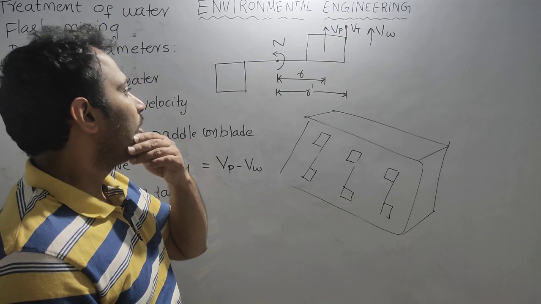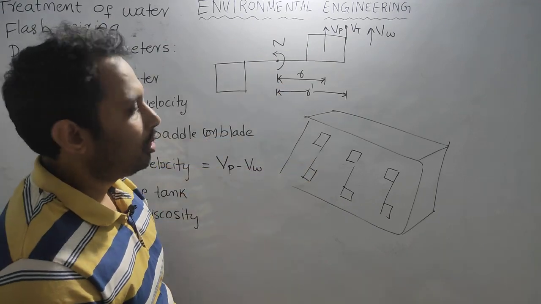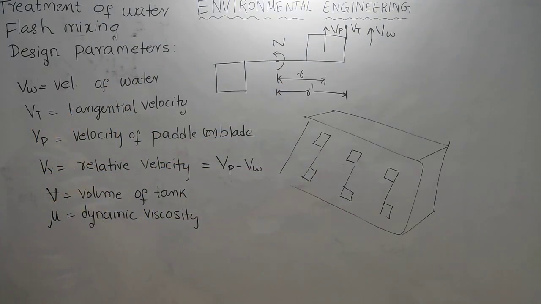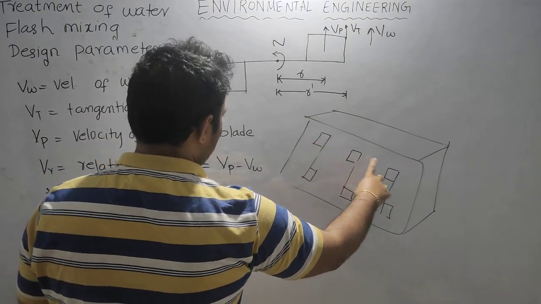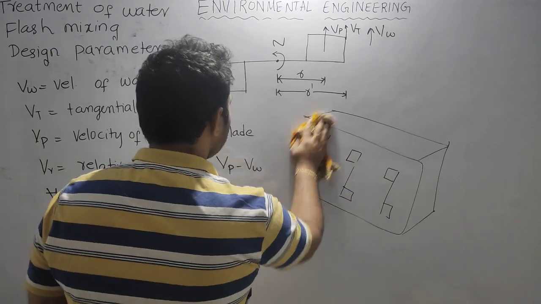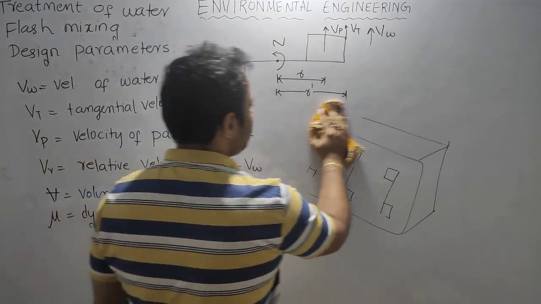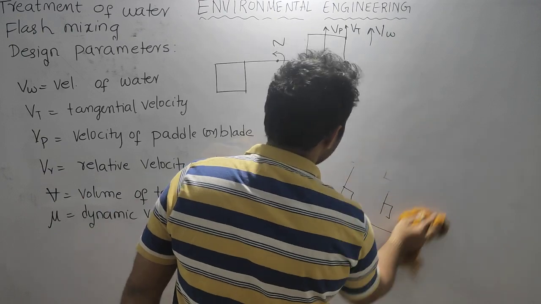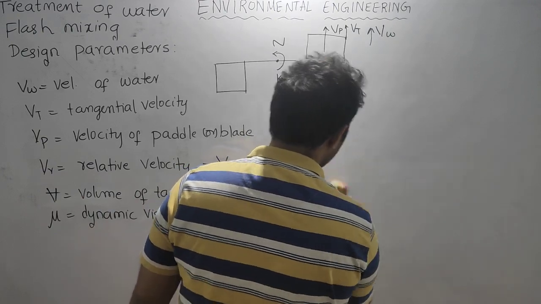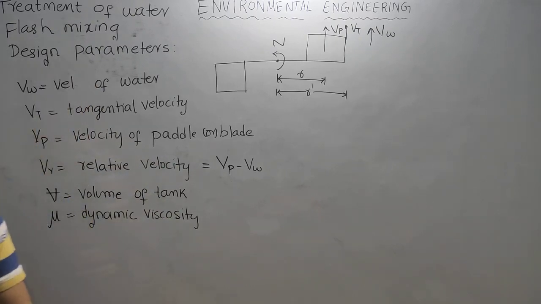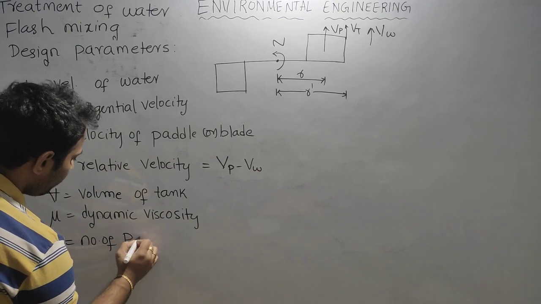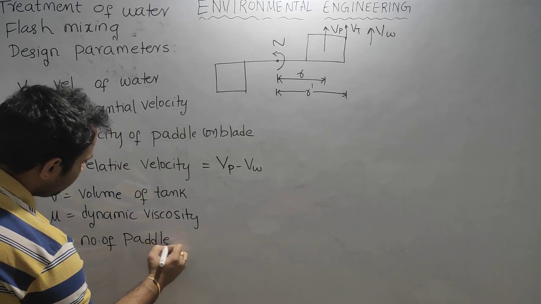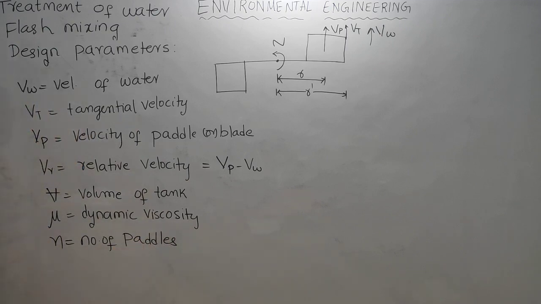For each shaft there will be two paddles, so six paddles are there here. Similarly there will be a number of paddles depending upon the different shafts. So n is the number of paddles.